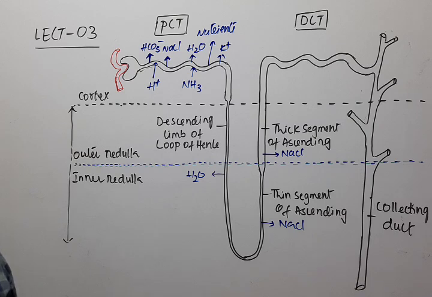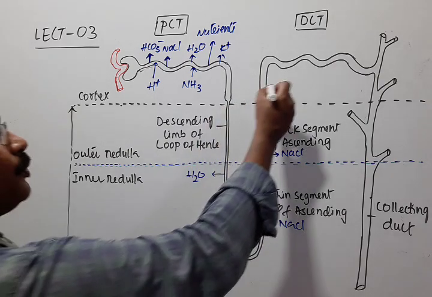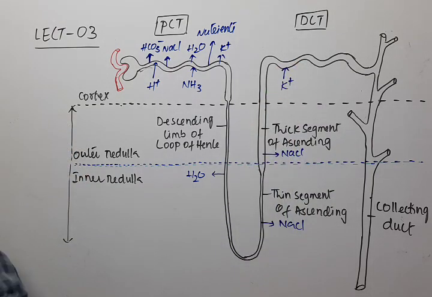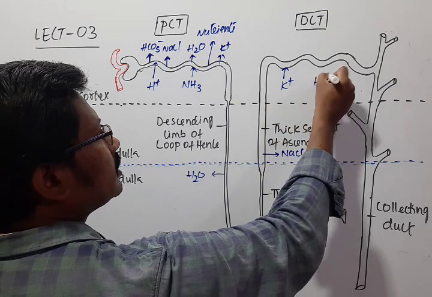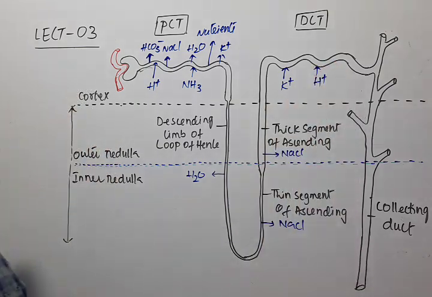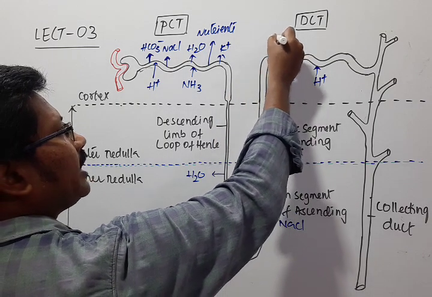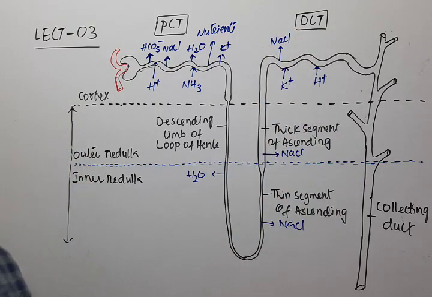Then coming to the DCT, right? Here the potassium will be released into the DCT, and then also the hydrogen ions will be released into the DCT, and from the DCT, sodium chloride will be reabsorbed.